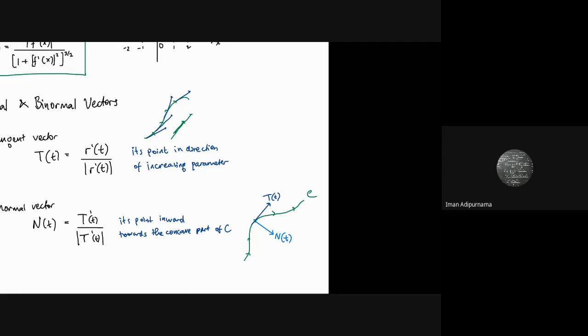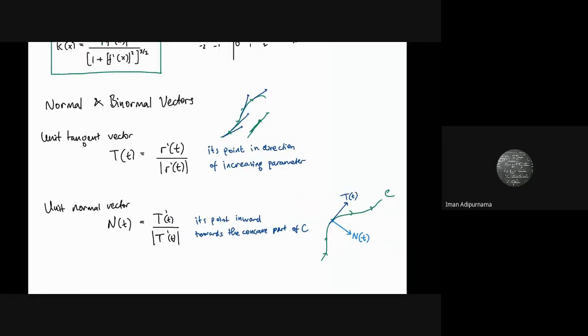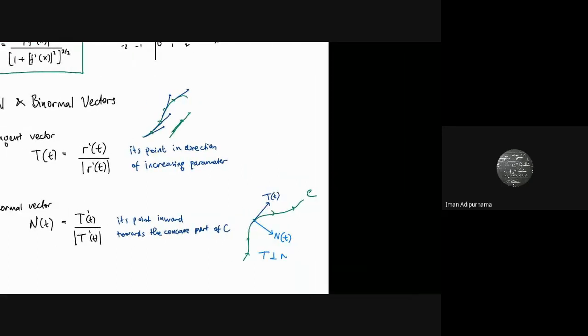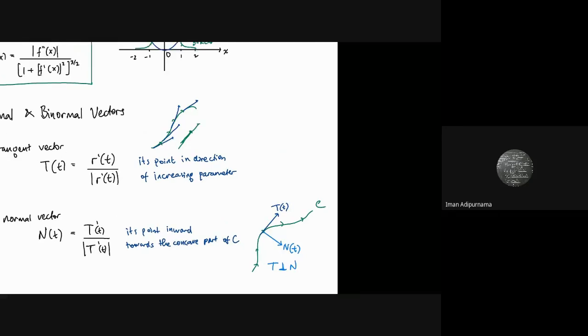This is the concave part, right? It has a shape like that, that's why it's pointing inward of that concave part. And it's always like that. So this T is also orthogonal to N. So that's the definition of the normal vector.